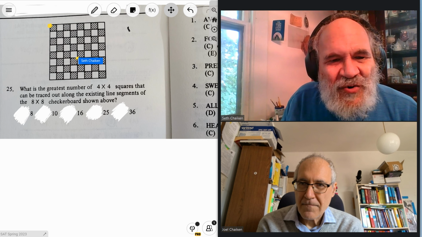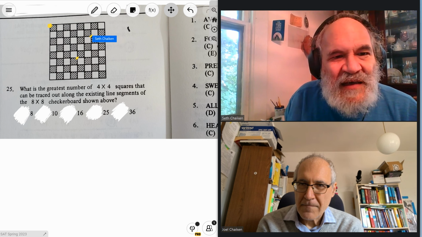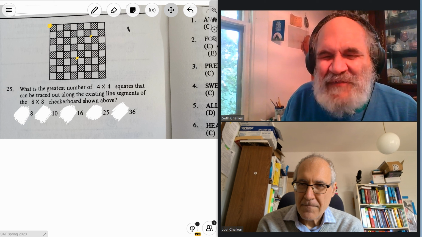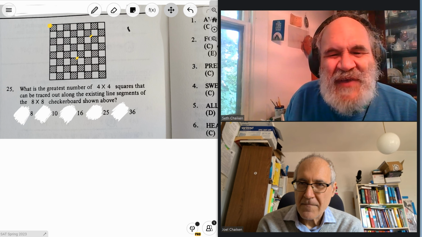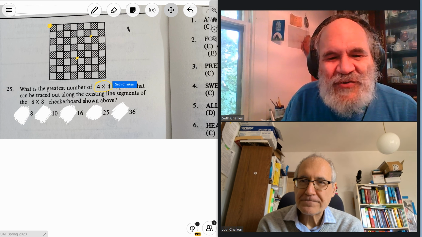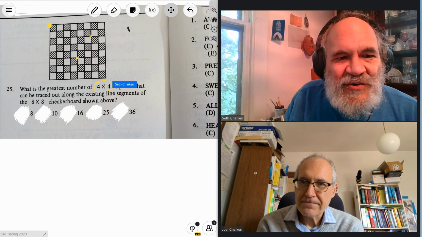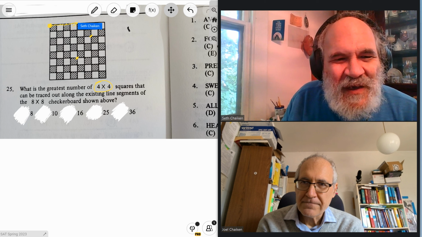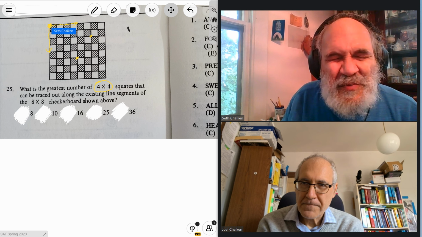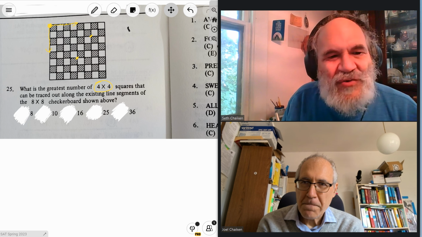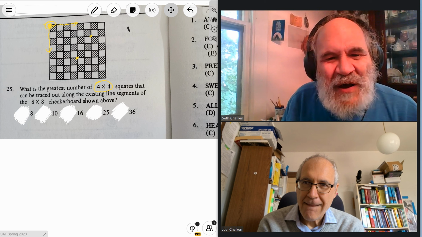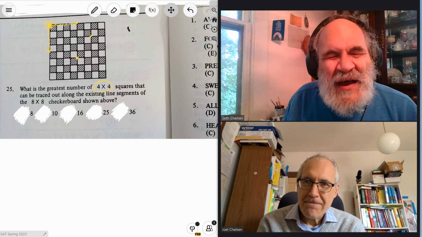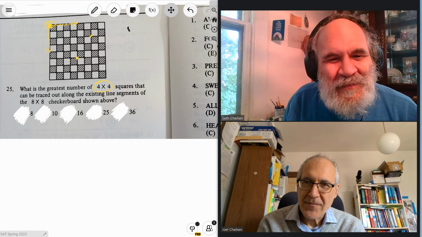And in order for it to be the left-hand corner of a 4x4 square, if I go to the right 4 squares and I go down 4 squares, it has to still be in the rectangle. So which corners have the property that if I go to the right by 4 and go down by 4, I'm still in the rectangle?